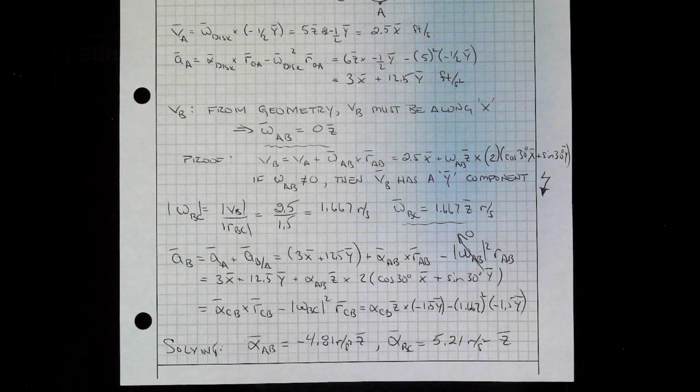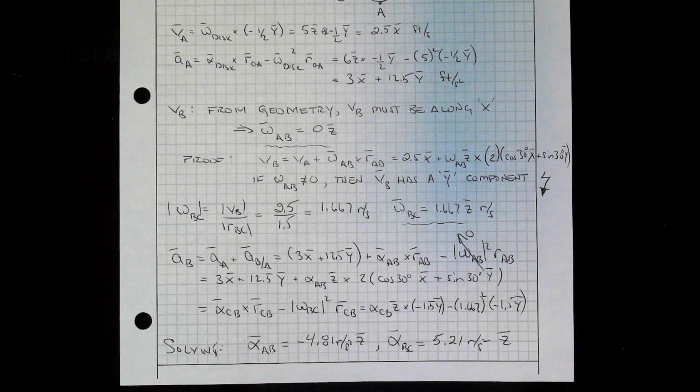We need to approach B from what's up above. So we're going to have a second equation going from C to B. Obviously, the acceleration at C is 0, so to go from C to B, we have alpha cross r minus omega squared r.